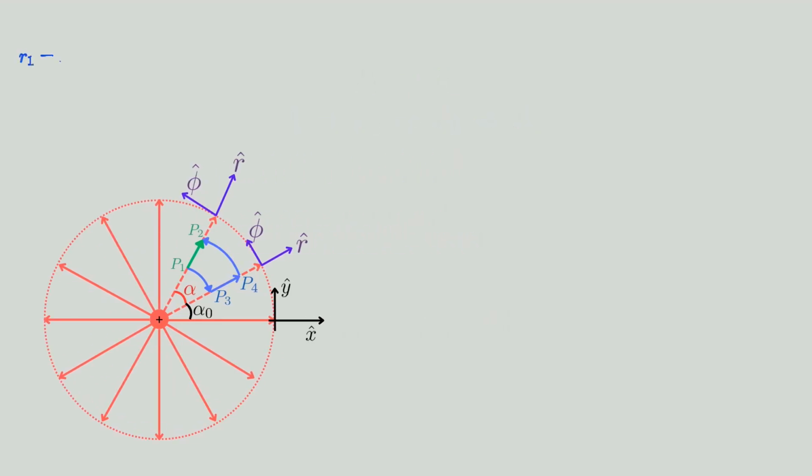The radial distance from the origin to P1 and P3 is a, while to P2 and P4 is b. At the same time, the angle from the x-axis to P1 and P2 is alpha naught plus alpha, while to P3 and P4 is alpha naught. The electric field has only radial component, E sub r, while its angular component is 0. This fact will be very useful during the integration process.